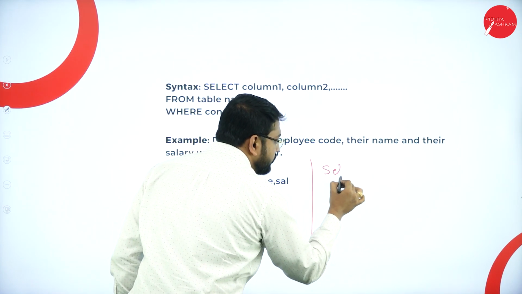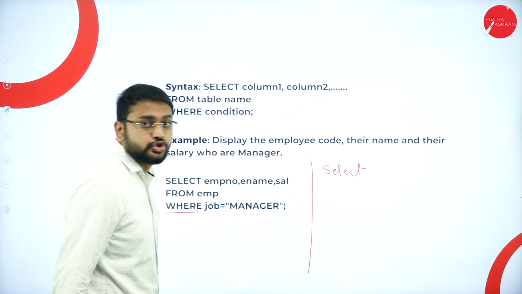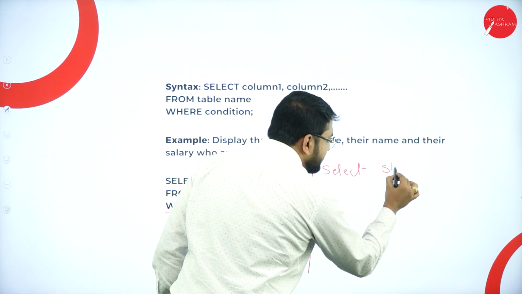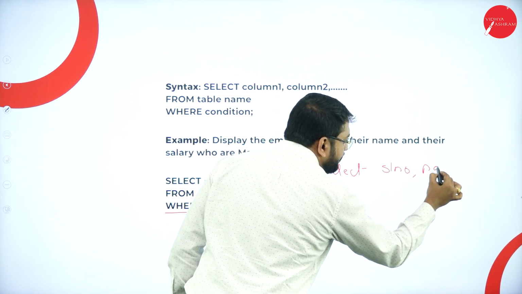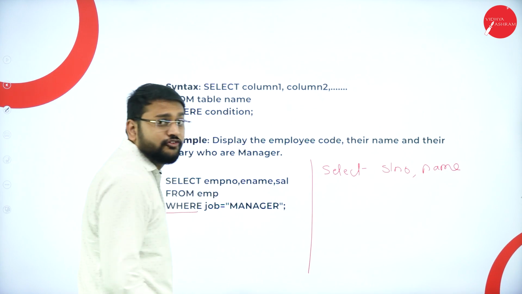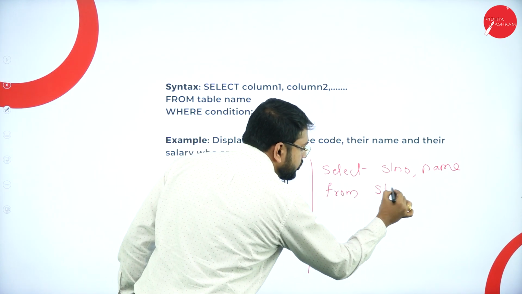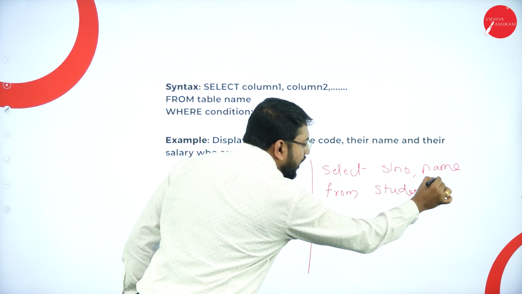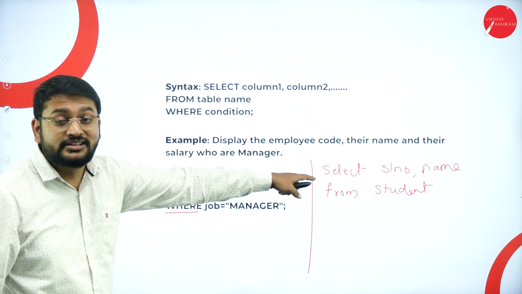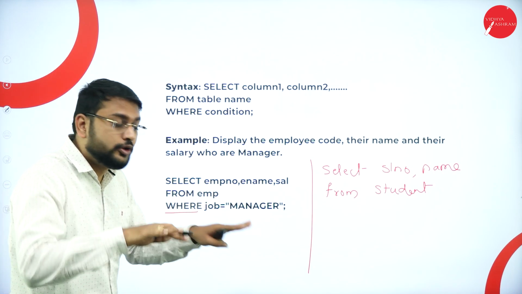Say for example, you have the first clause, select. So you will select the serial number, comma, name. These two columns you want to select. What is the next clause? From student. So this is the table name. I was giving the semicolon here, but this is not the end of the query, so I will not give it here.